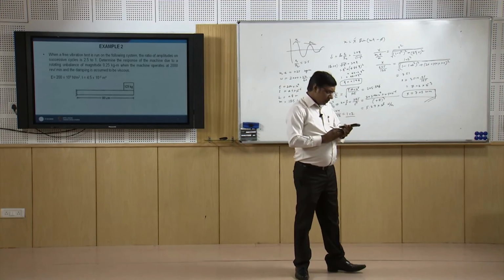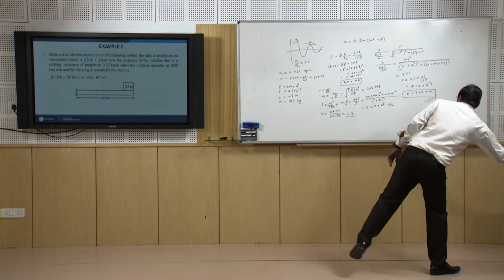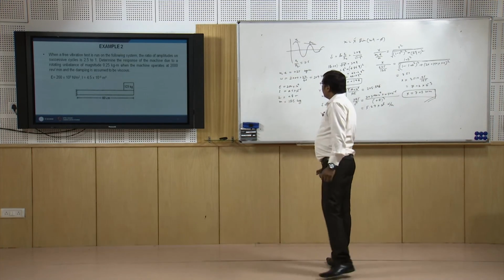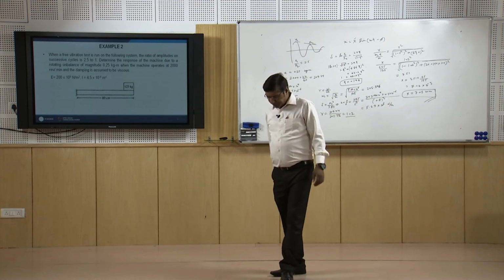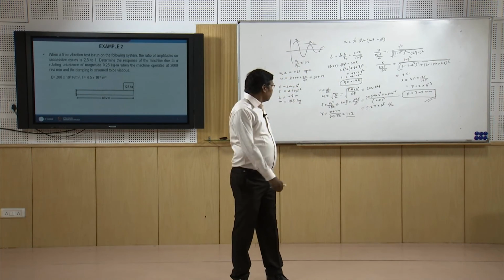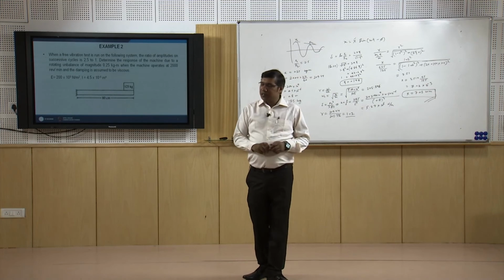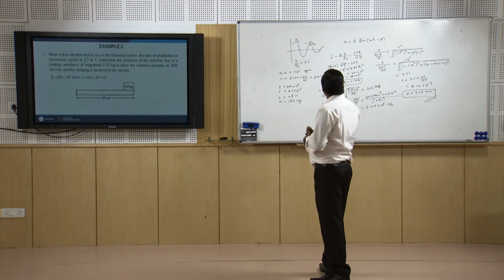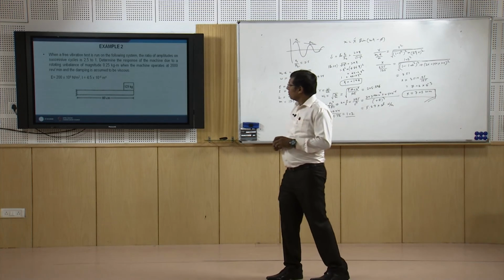So we get here that the displacement amplitude of this system due to the unbalance of the mass is coming to be 7.02 millimeter.